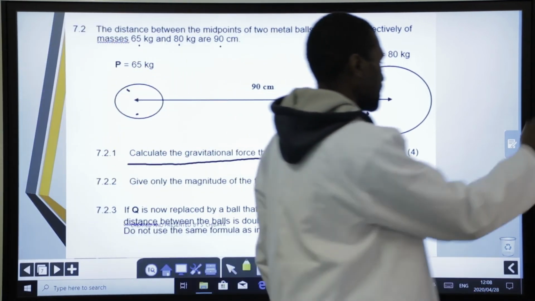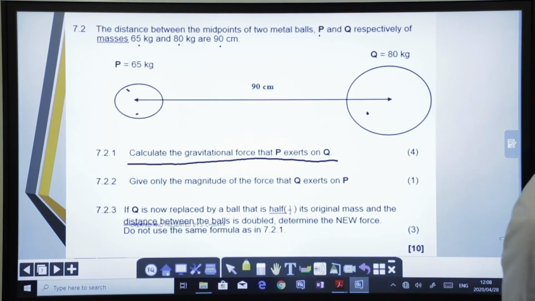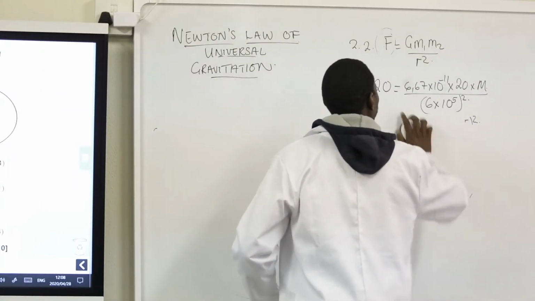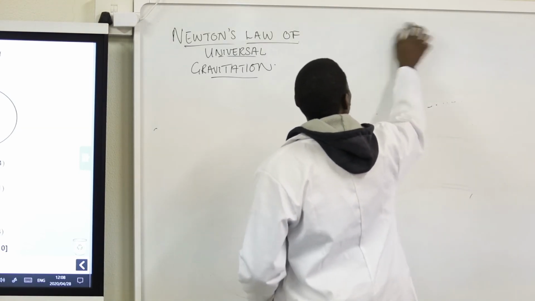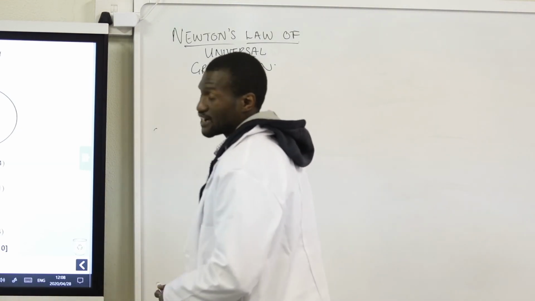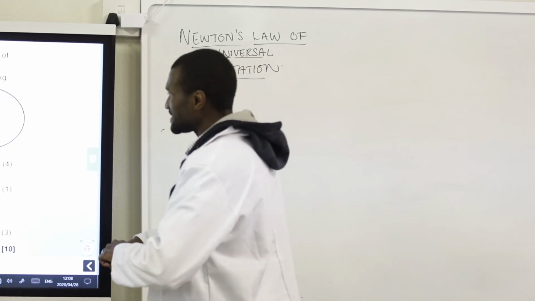We are trying to find the value of F. Let's put a clean slate there and let's run through that question. Mind you, these questions and more are found in our study guide.